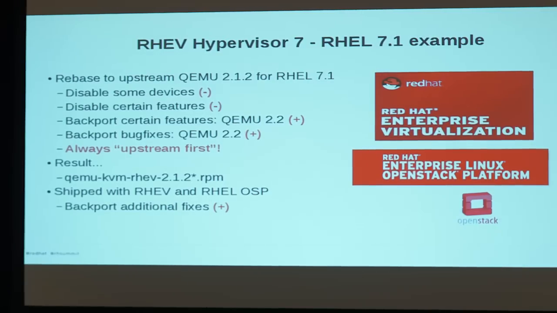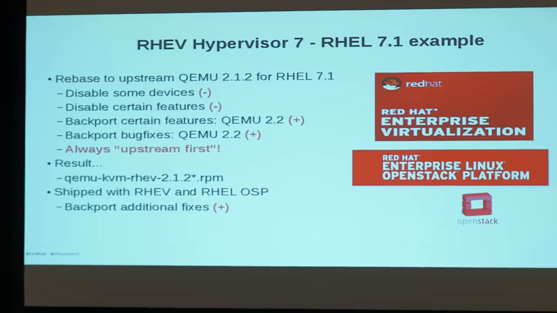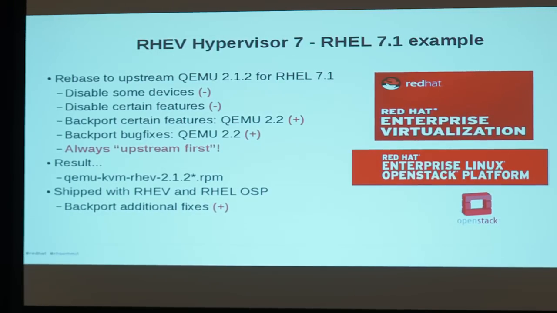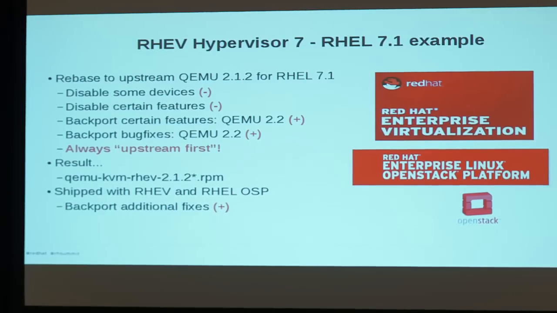So we were doing something different in RHEL 7, and the best way to illustrate it is through the example of RHEL 7.1, which is the first update to RHEL 7. So we have been rebasing QEMU, okay? So in this example, RHEL 7 was based off of QEMU 1.5.3.